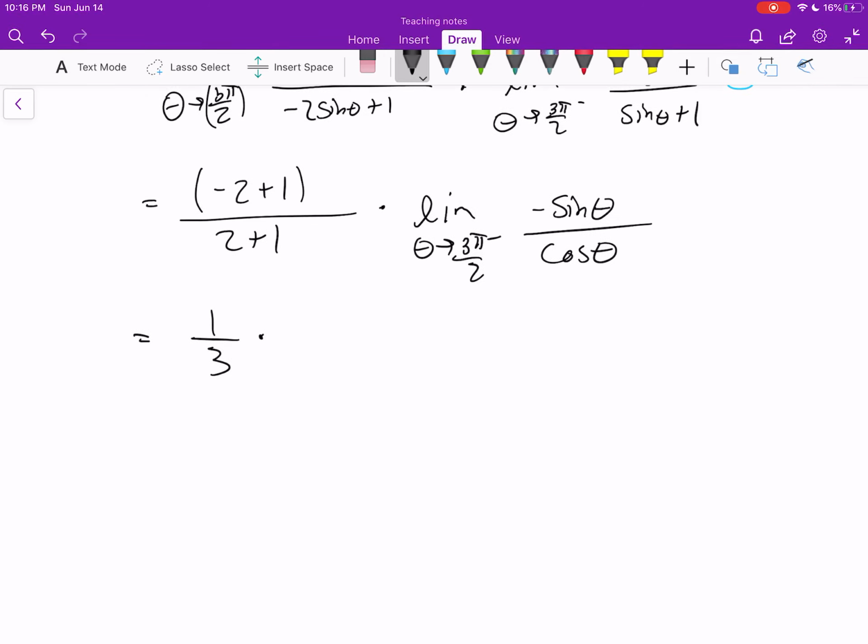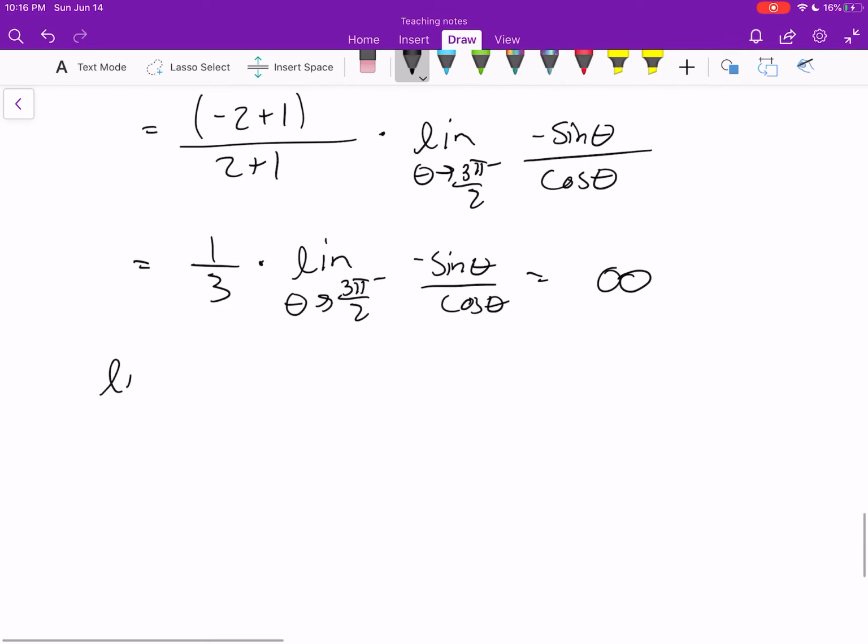So this is diverging to infinity. Let me write it one more time: the limit as theta goes to 3 pi over 2 from the left of minus sine theta over cosine theta. This is going off to infinity, so this limit is infinite.